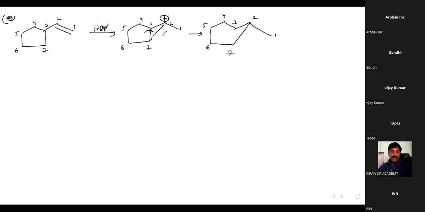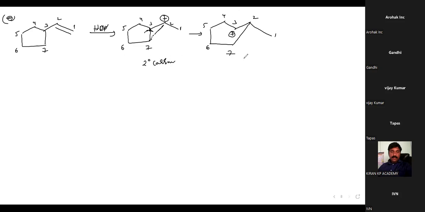So the ring gets broken. And which carbon is losing an electron? Look at the third carbon, the bond is getting broken, which means the third carbon will get a positive charge. Got it? So this is what type of carbocation? Here also it is a 2-degree carbocation.